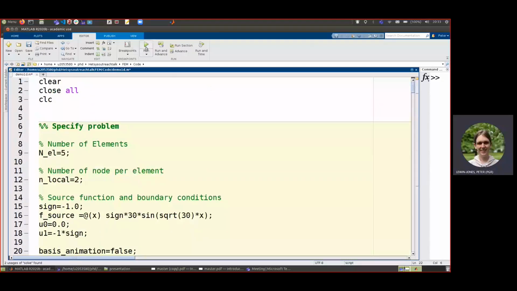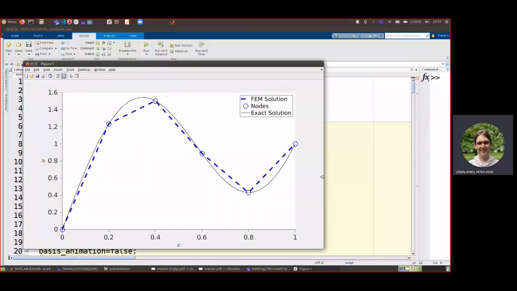I'm also going to plot the exact solution. Here we are. The exact solution is this thin black line. The finite element solution is this dashed blue line. And I've plotted the values of u that we actually found at the nodes. You can see that those line up very nicely with the exact solution.